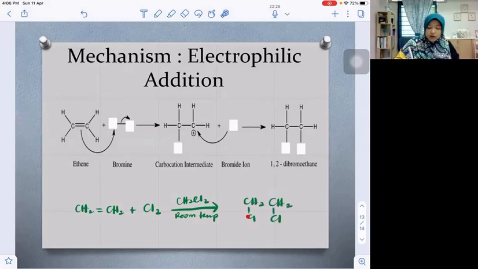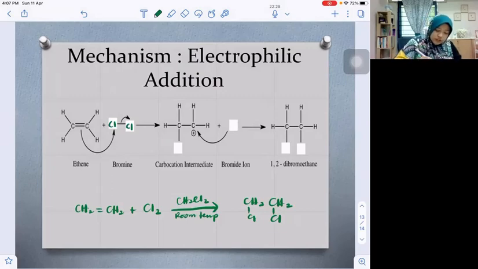So we want to see how this is produced by looking at the electrophilic addition mechanism. The first step is the formation of the carbocation ion. We start with ethene, and it reacts with Cl2, so we have Cl, Cl bonded.